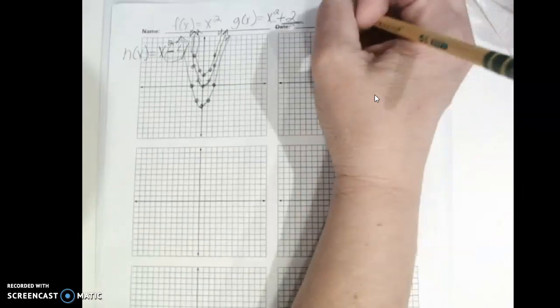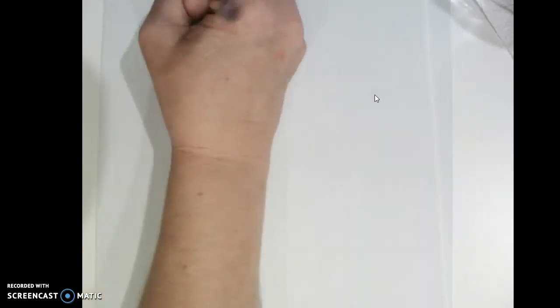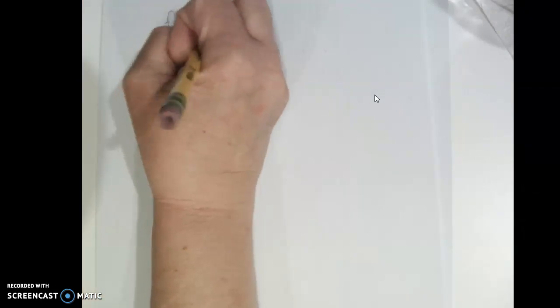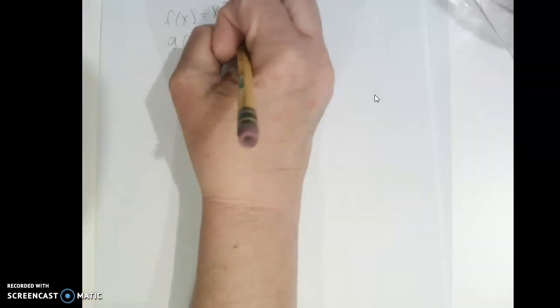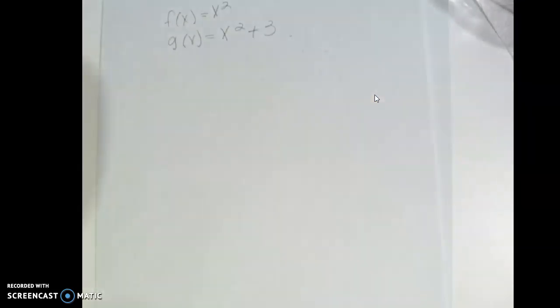We'll see how you do here. If I'm starting out with f of x equals x squared, and then I say g of x is equal to x squared plus 3, how does the graph compare? Hopefully you would say g of x is moving up 3.